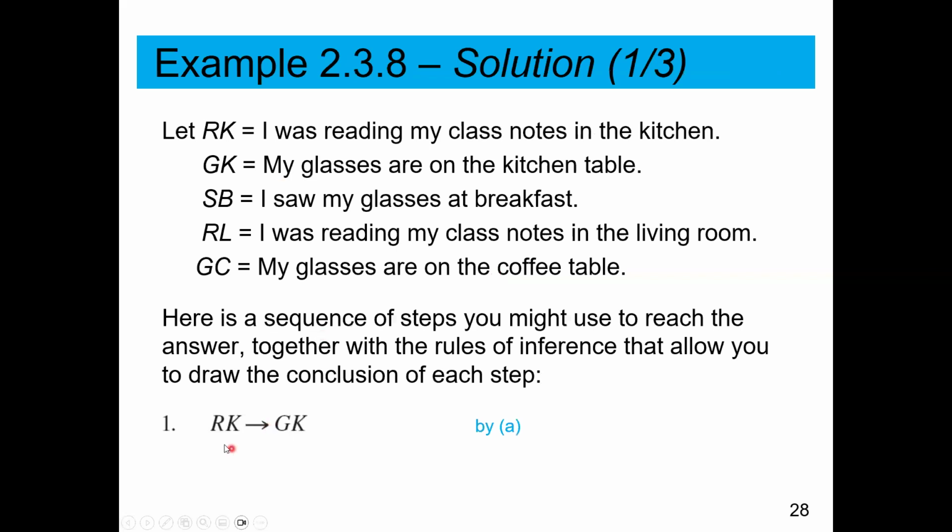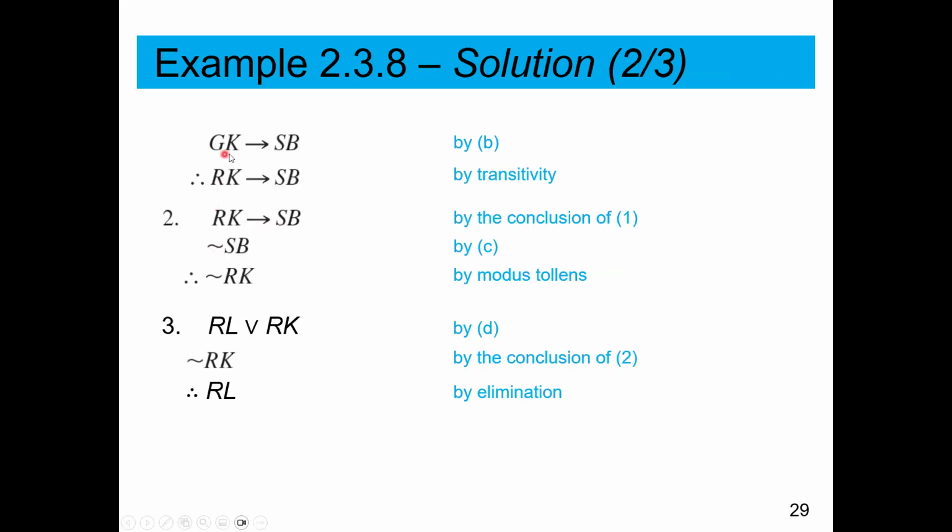From there, because RK implies GK and GK implies SB, then RK implies SB. So we now get this new statement right here. I took the first two statements and smashed them into one. RK implies SB. I then added the next layer, which is not SB, which gives me not RK by modus tollens.